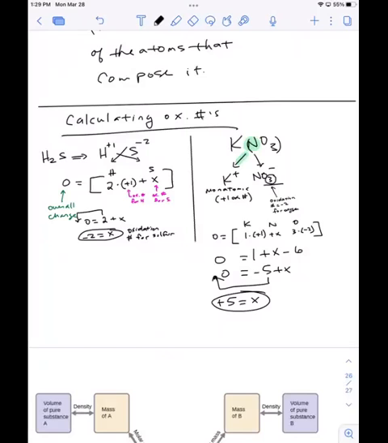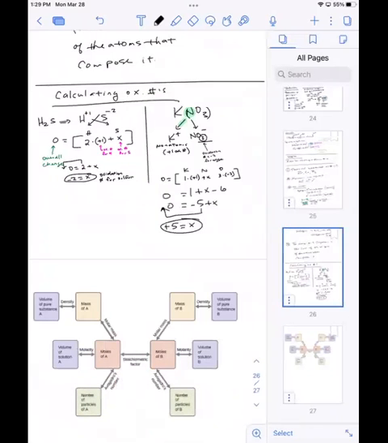All right, let's do one more example, and then we're going to move on to applying this, because we're still talking about redox reactions, oxidation and reduction.